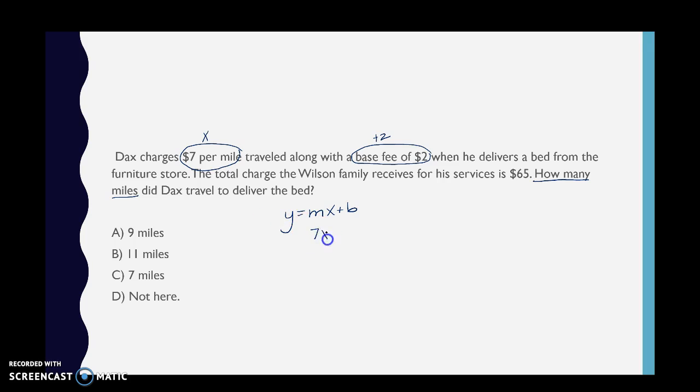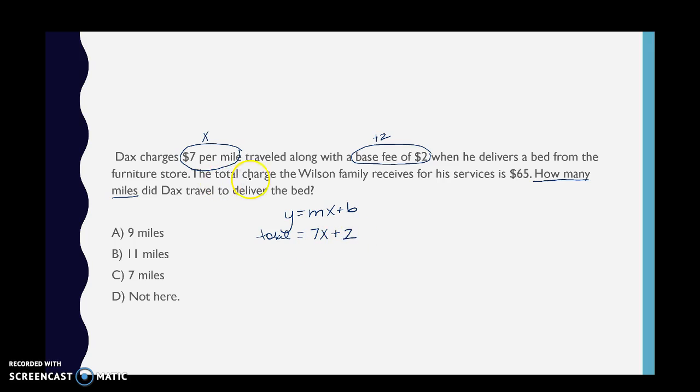So 7x, and b is always going to be your one-time fee, base fee, and it's added. So it says here base fee, so plus 2. And y stands for the total, right? So the total cost is going to be 7 times the number of miles plus the $2 base fee.